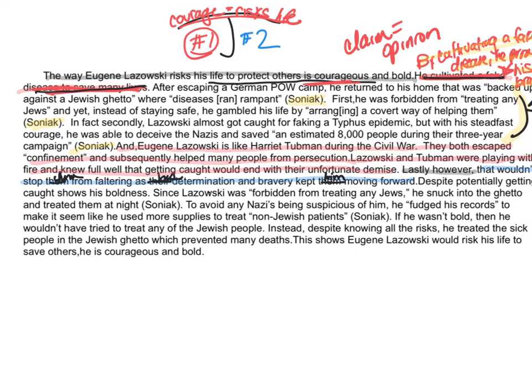That is a great comparison because it's something that certainly Americans have a lot more familiarity with. And so we all understand the great bravery that Harriet Tubman showed. So by comparing that to Eugene Lazowski, that really helps highlight the great courage he's showing. So make sure you're cleaning the language up a little bit.